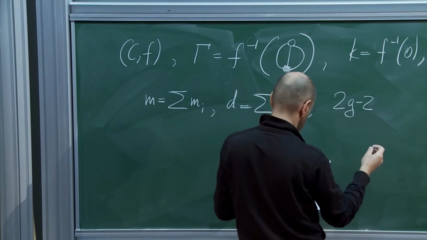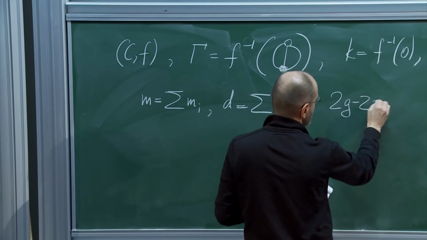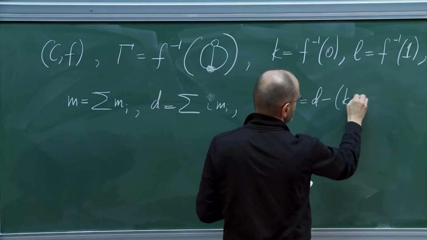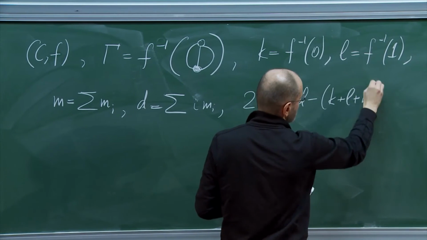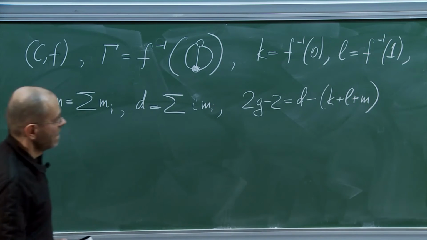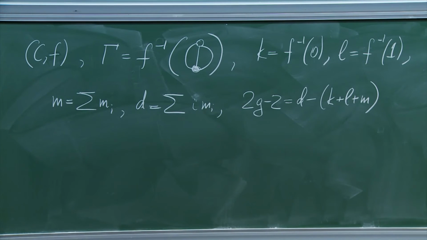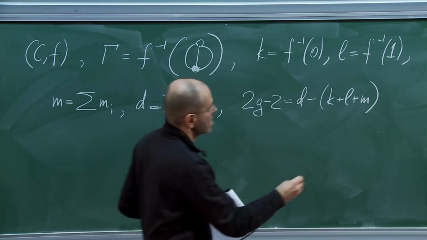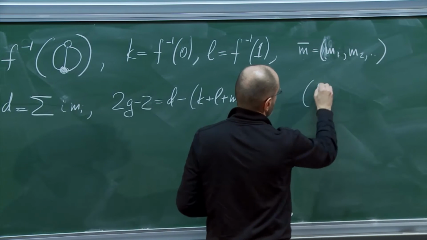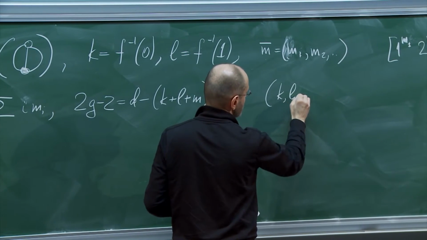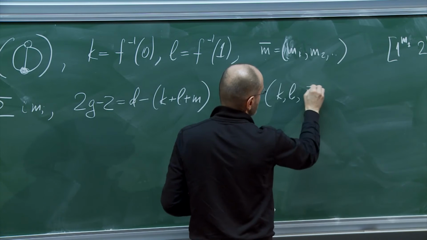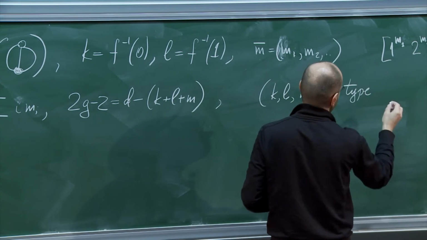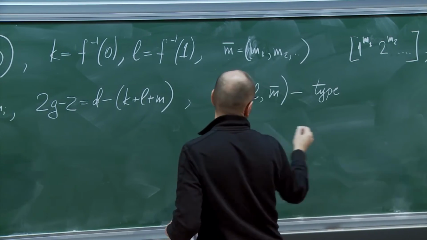Namely, 2g minus 2 is d minus the sum of k plus l plus m, the number of preimages of critical values. And let's call the set consisting of the two numbers and the vector m-bar the type of the Belyi graph gamma.